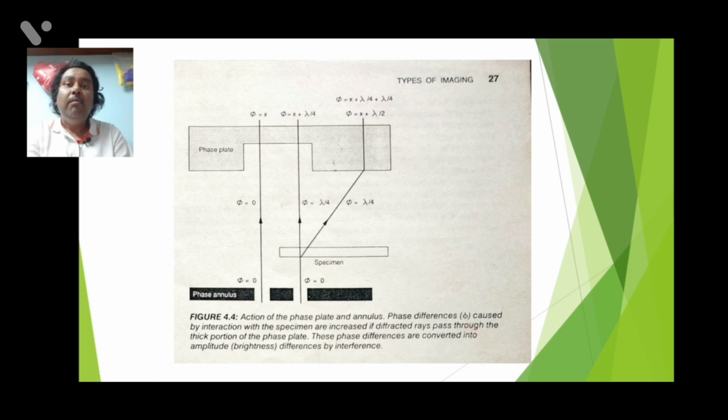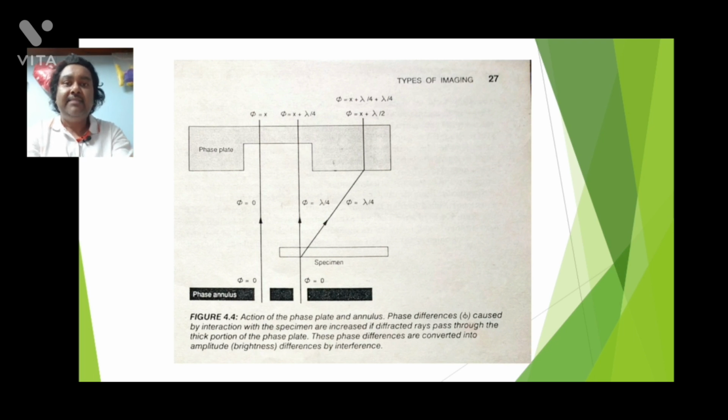So we will not be able to see the cell in its exact condition or in the living condition. To overcome this problem, the phase contrast microscope is used.